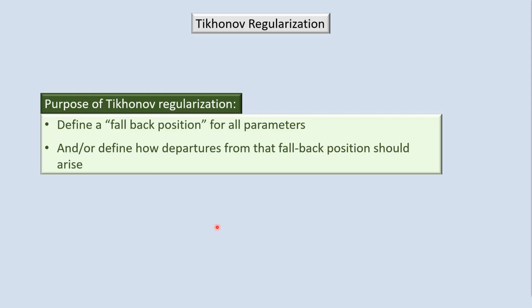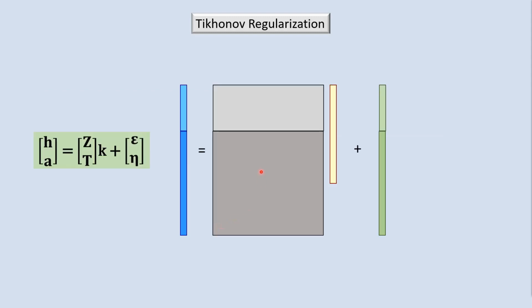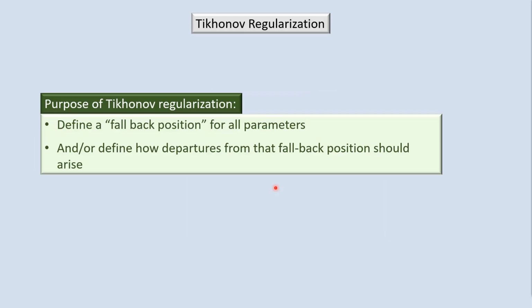That is, the set of values or the set of relationships embodied in the regularization equations with which the inverse problem has now been supplemented. And in ways we'll describe later in this video, I seek uniqueness of solution of that inverse problem by specifying that the parameters that I estimate shall depart from their fallback position to the minimum extent required to fit the calibration dataset. Hence, I attain uniqueness.